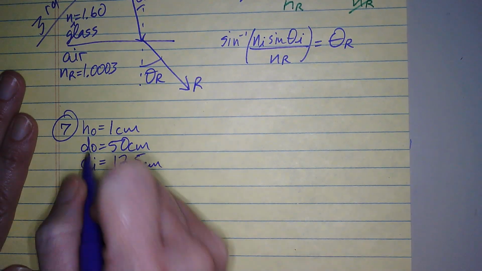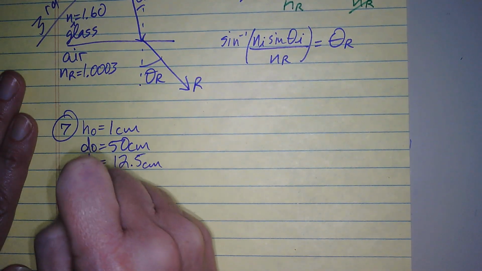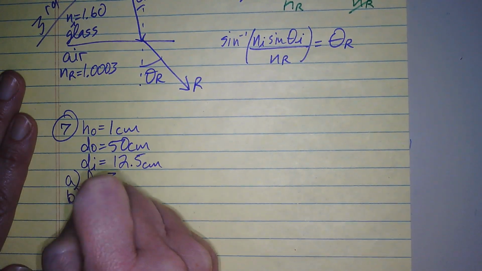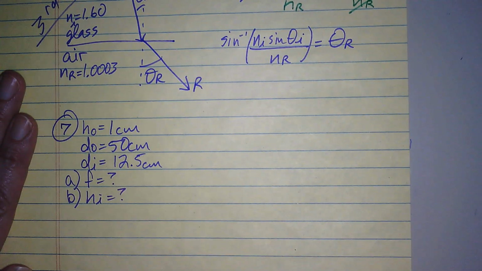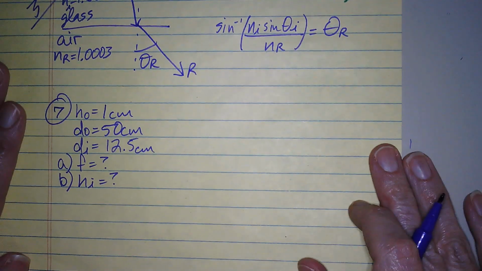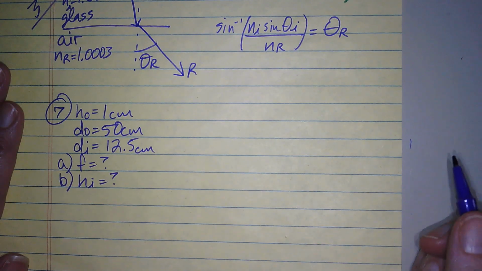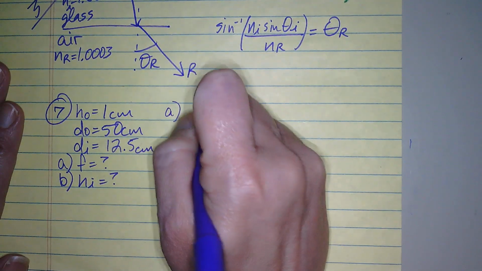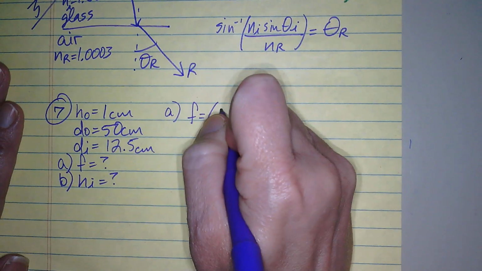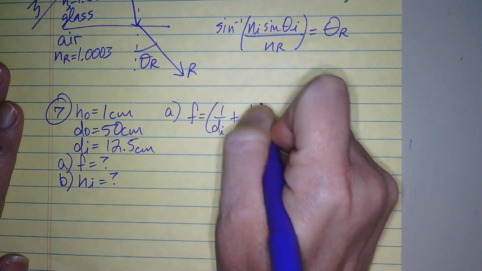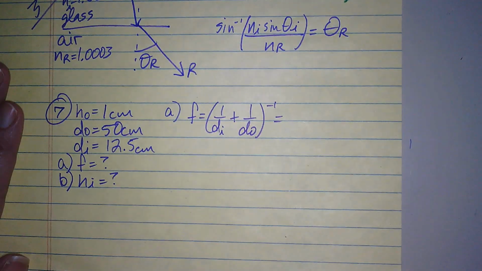And for part A, we want to know what is the focal length. For part B, we want to know the height of the image. And for part C, they want us to classify the image. For the focal length, I would use the thin lens equation, but I would rearrange it. So I would say F equals 1 over DI plus 1 over DO, and then invert it.